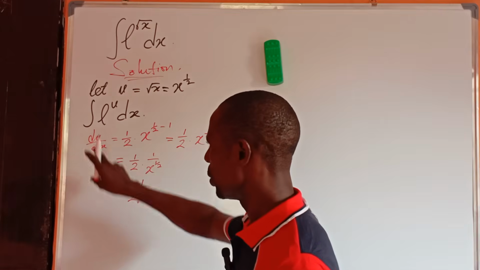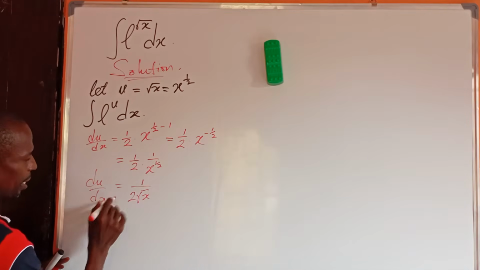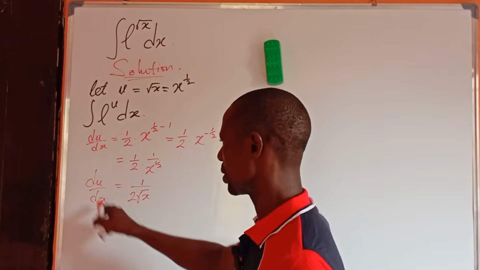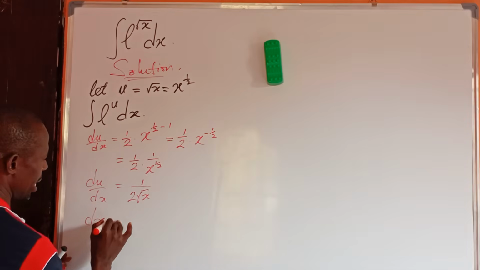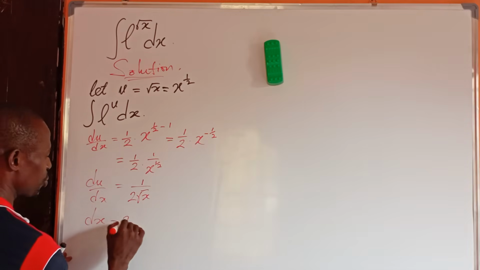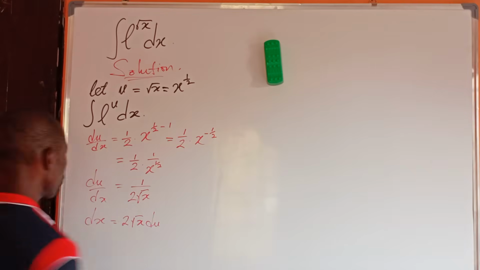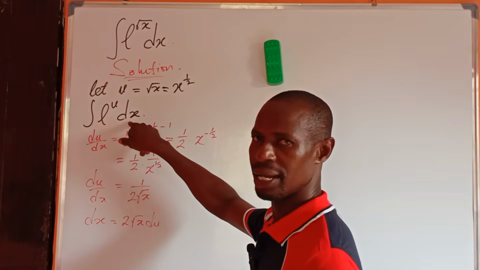Mind you, we have du over dx here. If we make dx the subject of the formula, we just cross multiply, and dx is going to give us 2 root x du.